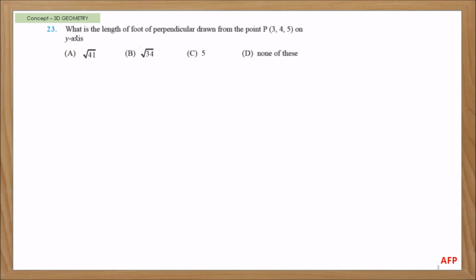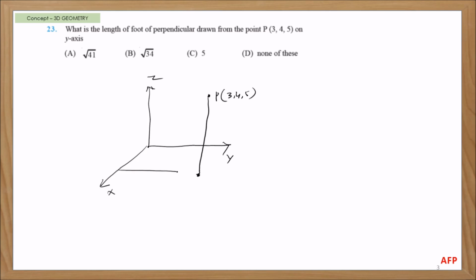Next, the foot of the perpendicular drawn from a point on the y-axis. Very simple, we have the x-axis, y-axis and z-axis, and again a point P (3, 4, 5). Draw a perpendicular. Now take the foot of the perpendicular on the y-axis.